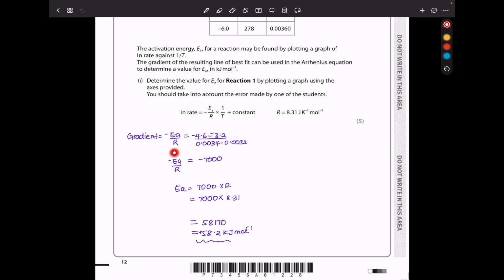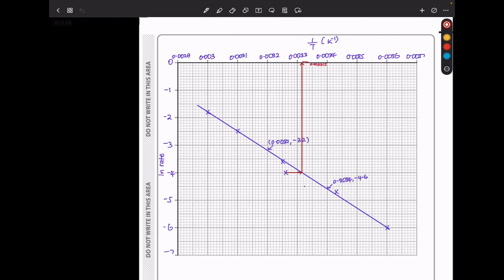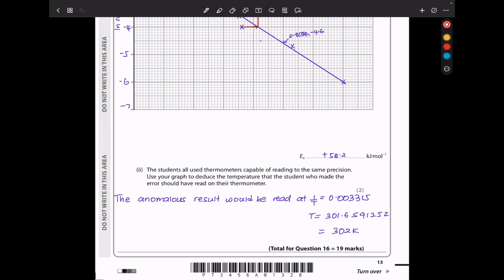And I got that for negative EA over R. So EA is going to be that times R, where R is 8.31, and I got 58170, which is going to be in joules, but converting it to kilojoules, it's going to be positive 58.2 kilojoules per mole if you divide by 1000 and write your answer to 3 significant figures. So the answer here is 58.2 kilojoules per mole.